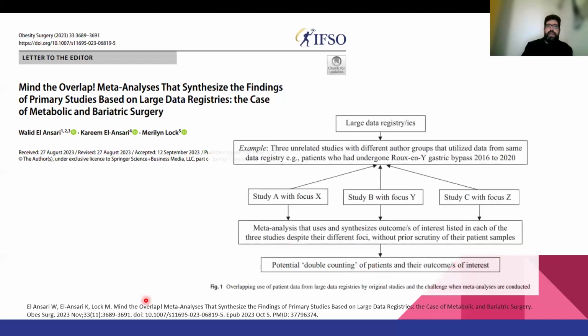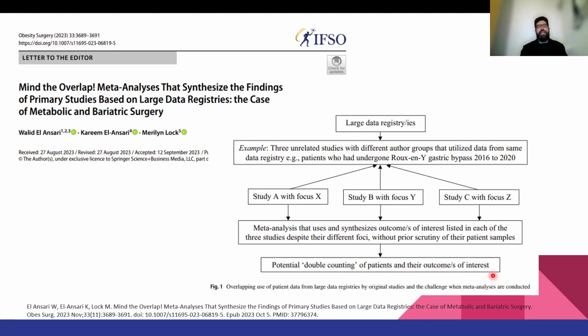And the authors say that whenever you do a systematic review, especially of observational studies, where you can include studies that are analyzing large databases, it is possible that you make a double counting of patients and their outcome of interest.